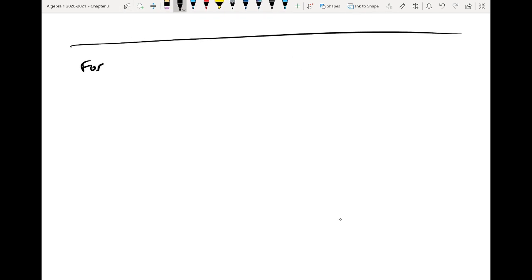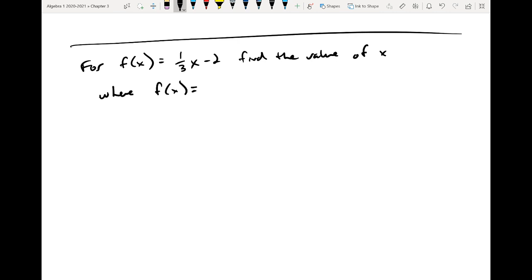So, for the f of x, one more of these guys, actually 2 more. F of x equaling 1/3 x minus 2, we're going to find the value of x where the f of x is equal to -4.